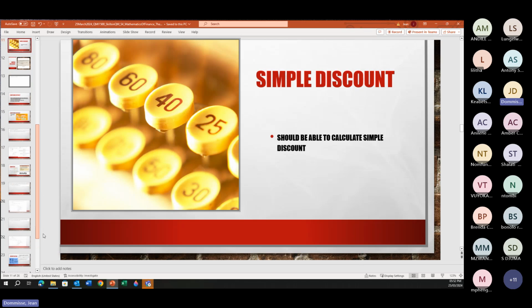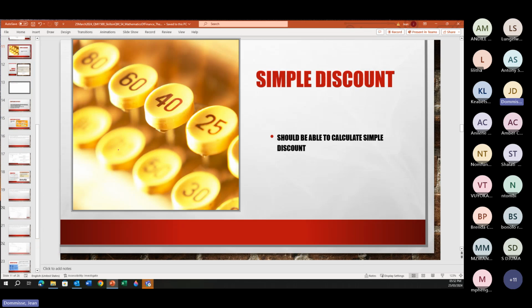With a discount rate, what you will see is it's slightly different to simple interest, but the same principles nearly apply. So you will still have a future value, you will have a present value. Instead of a simple interest rate, we will call it a simple discount rate. You will still have a timeline attached to it.